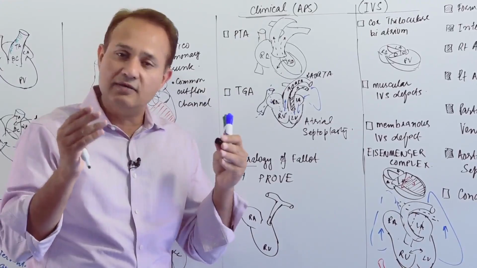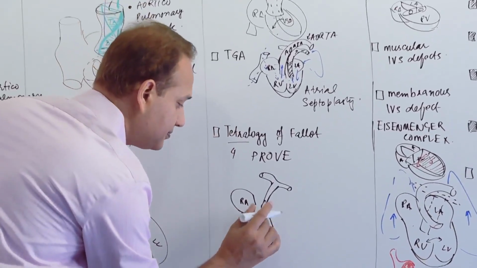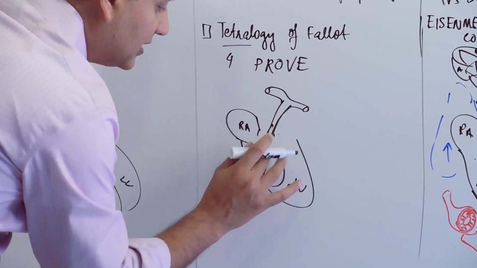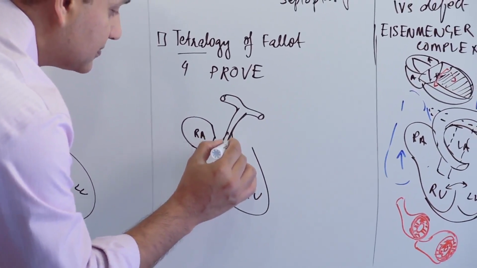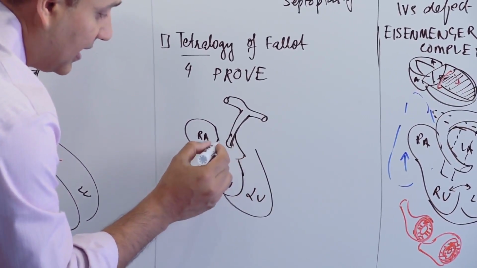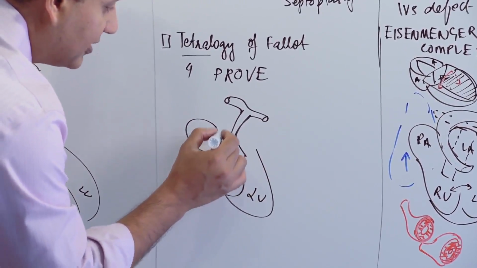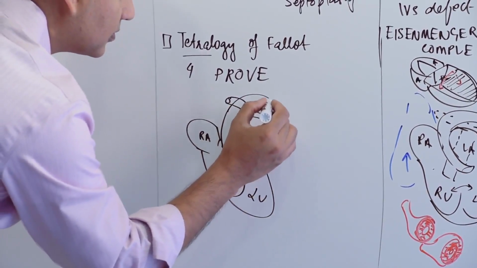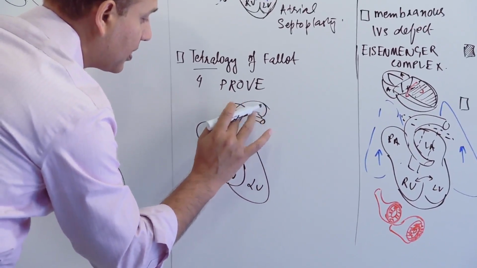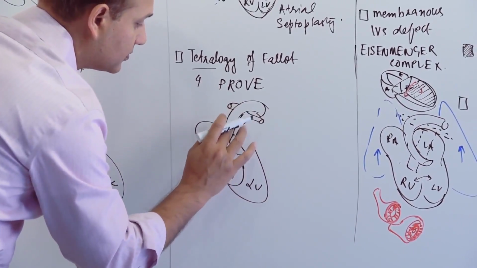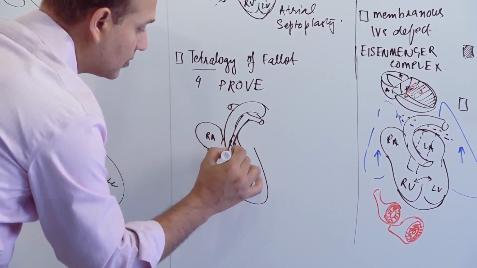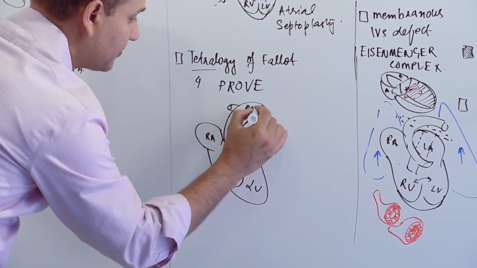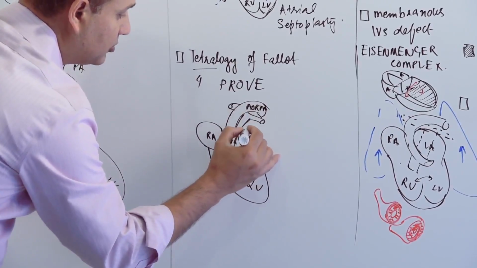So now that means the aorta, if this is the left ventricle, opens in the left ventricle and also on the right ventricle. So this is the aorta. And this is the pulmonary trunk. Aorta, pulmonary trunk.